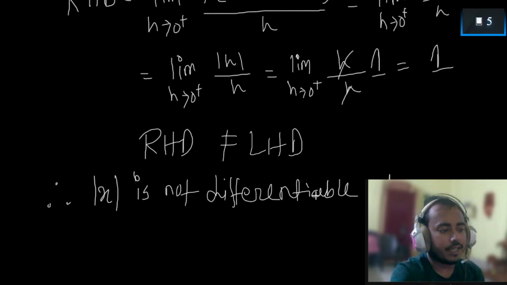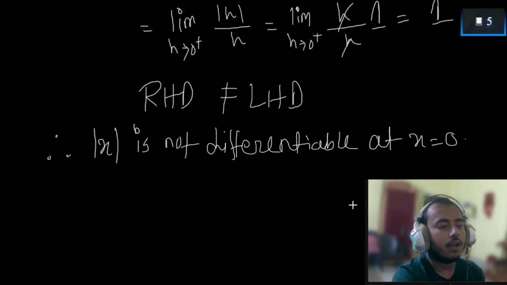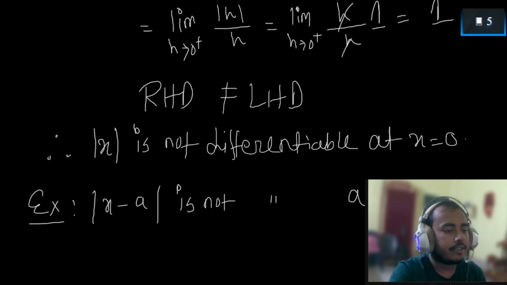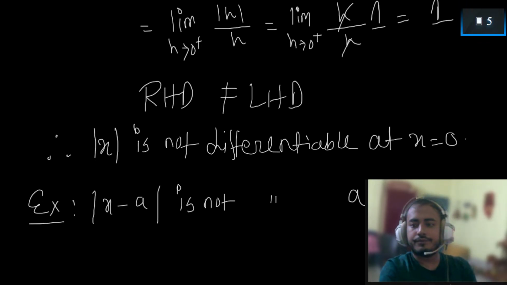A more generalized version of this proof, you can try as an exercise: mod of x minus a is not differentiable at x equals to a. This is a much more general version.